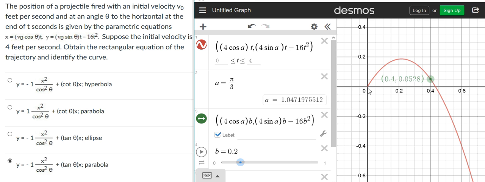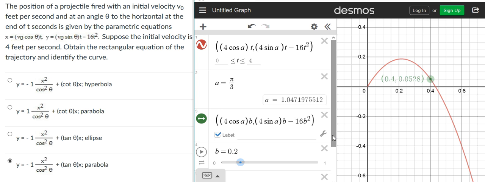That's the angle between the x-axis and the initial velocity, somewhere here. Let's choose 60 degrees, or pi over 3 radians, here. Then this will be the parametric equation.